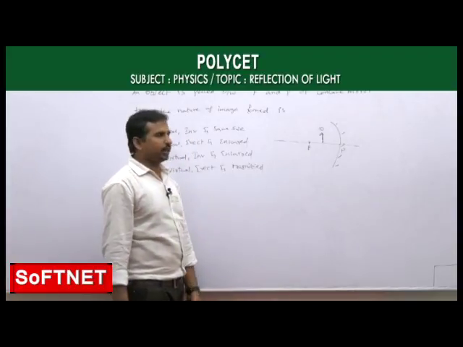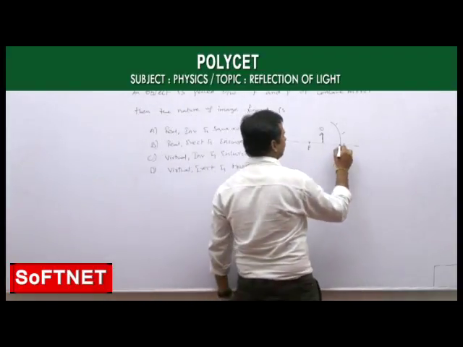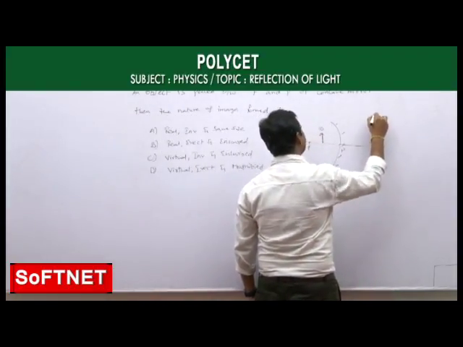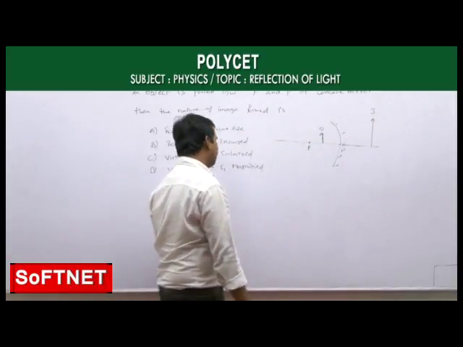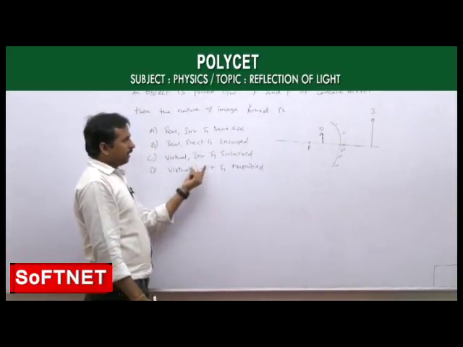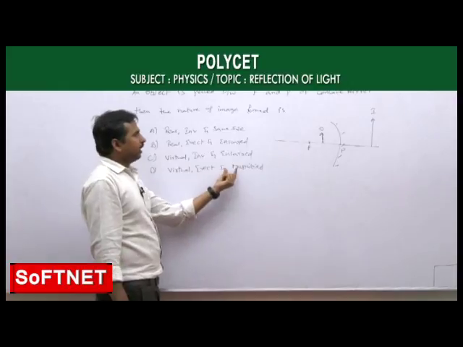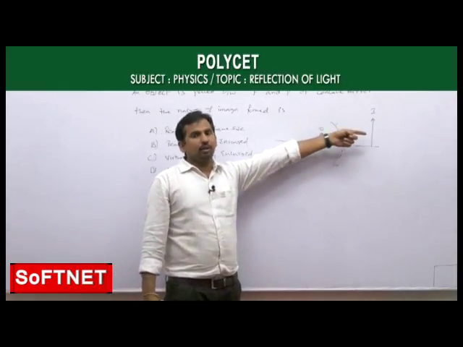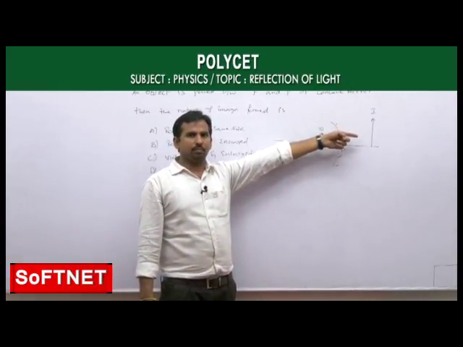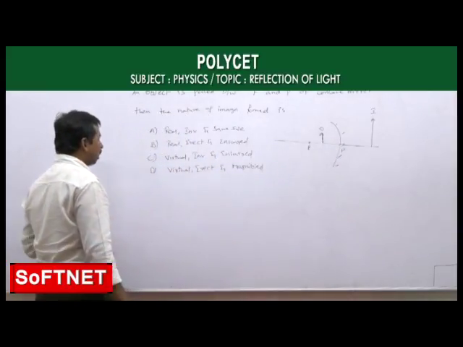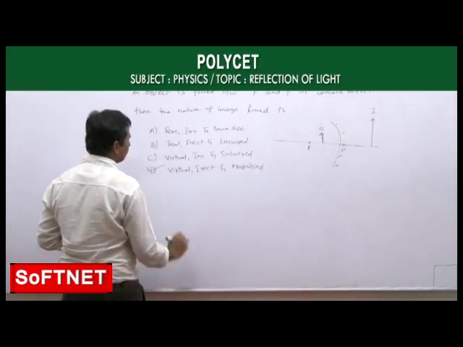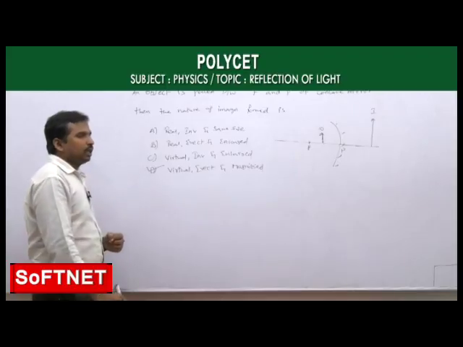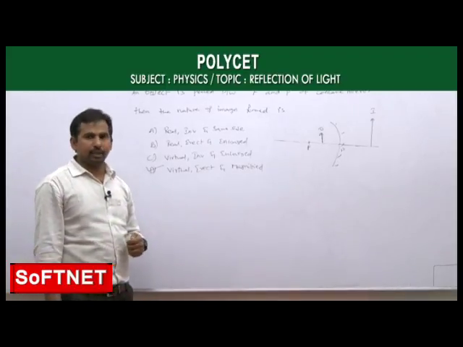Then the image formed is behind the mirror, and here we get the image like this. As it is virtual and behind the mirror, it is erect, and not only that, the image formed is magnified. So in the given options, option D is correct: virtual, erect and magnified.